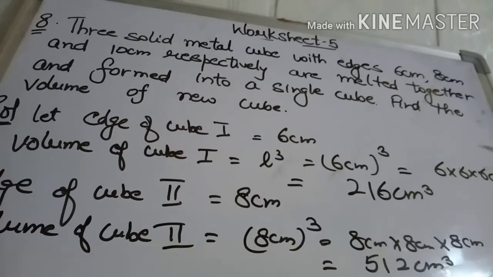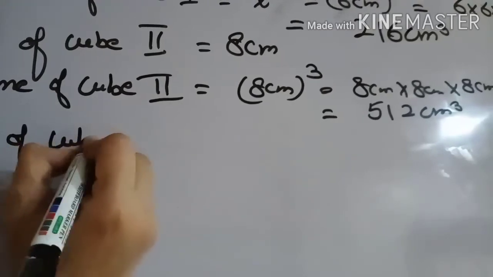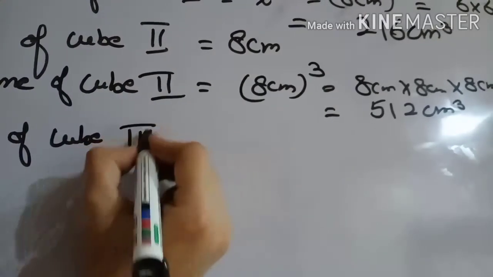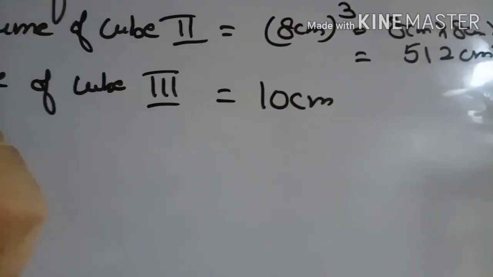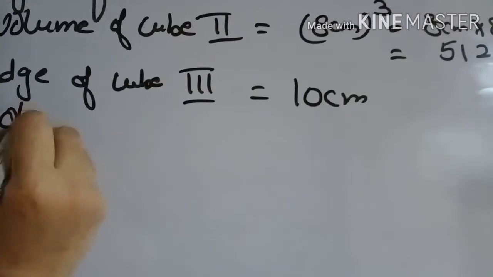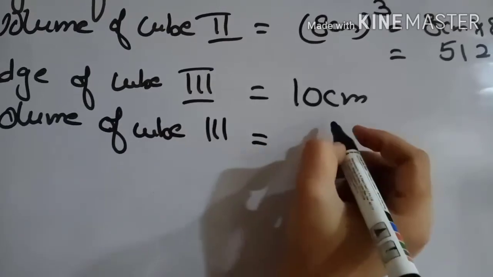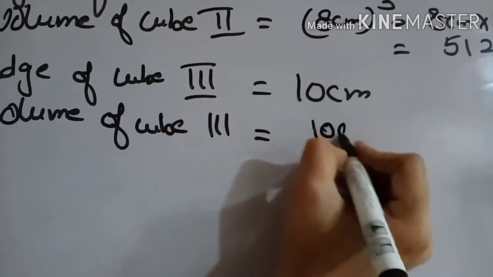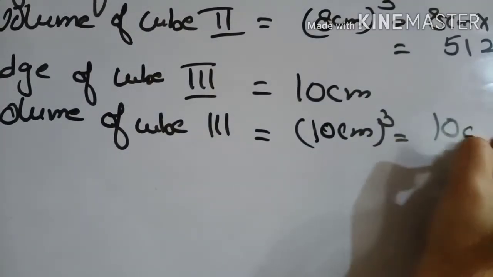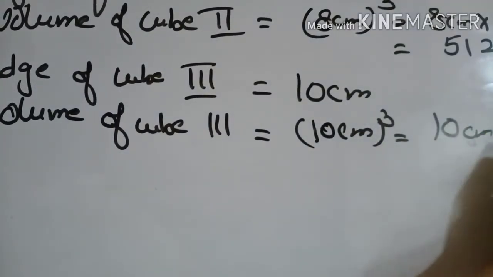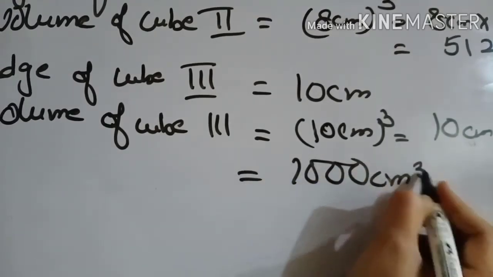Now what will be the edge of the third cube? That is 10 centimeter. Volume of the third cube is 10 centimeter into 10 centimeter into 10 centimeter, that is equal to 1000 centimeter cube.